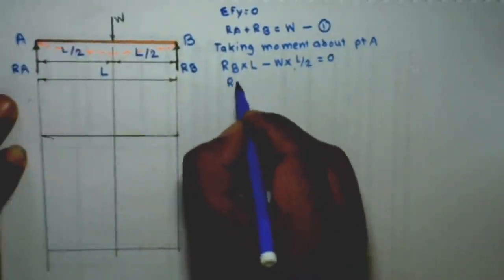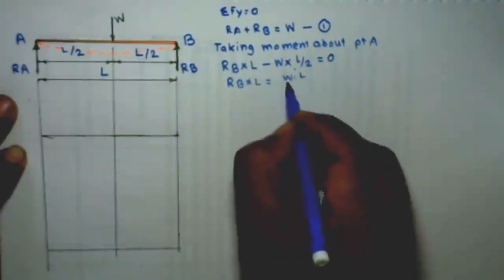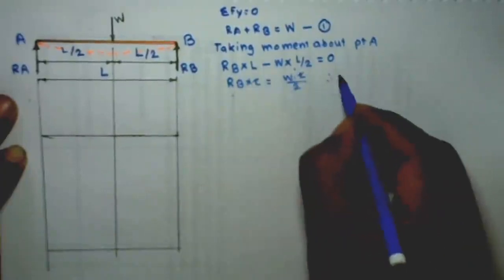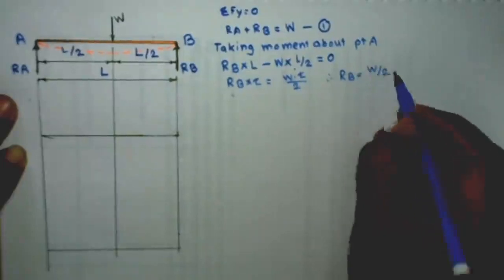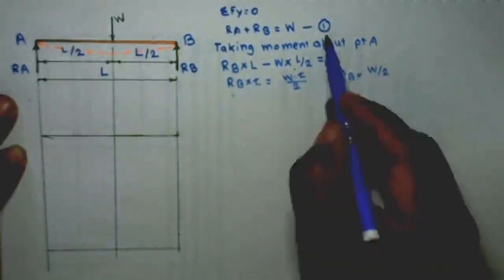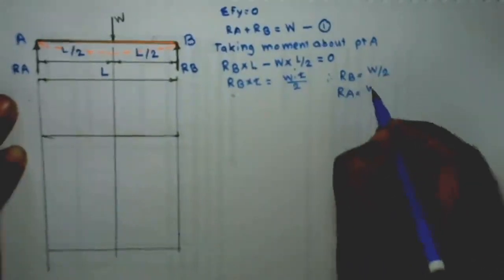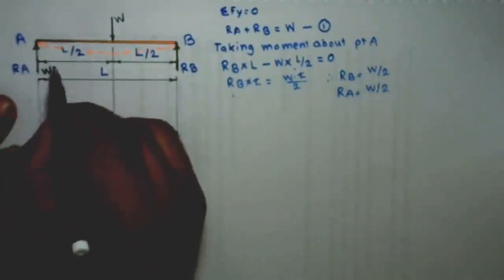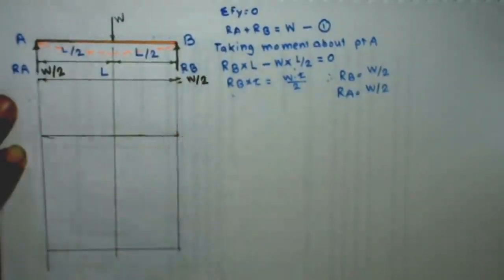So Rb into L is equal to W into L by 2. L will be cancelled, so you will get Rb is equal to W by 2. If we put this value in equation number 1, again you will get Ra is equal to W by 2. So the value of Ra is W by 2, and Rb is W by 2.